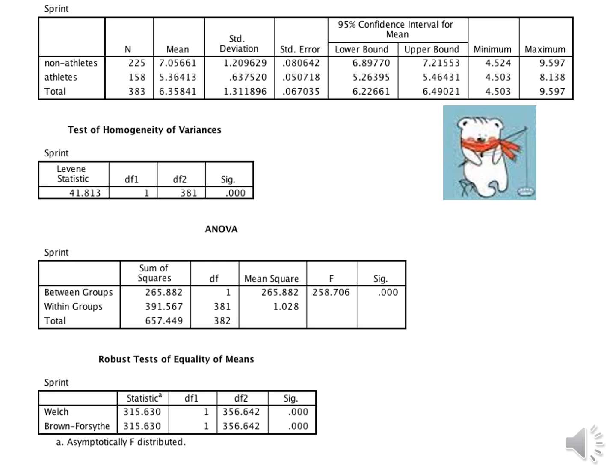The non-athletes have a mean of 7.056661 minutes, with the athletes clocking in at 5.36413 minutes in their dash. And for the deviation, the non-athletes are more deviated in terms of their clock time as compared to the athletes.